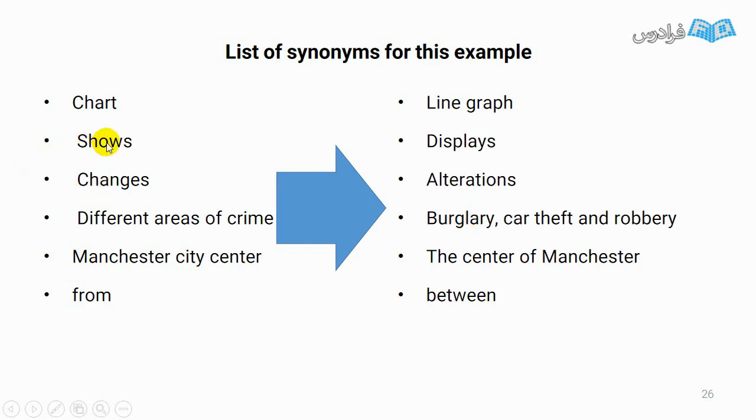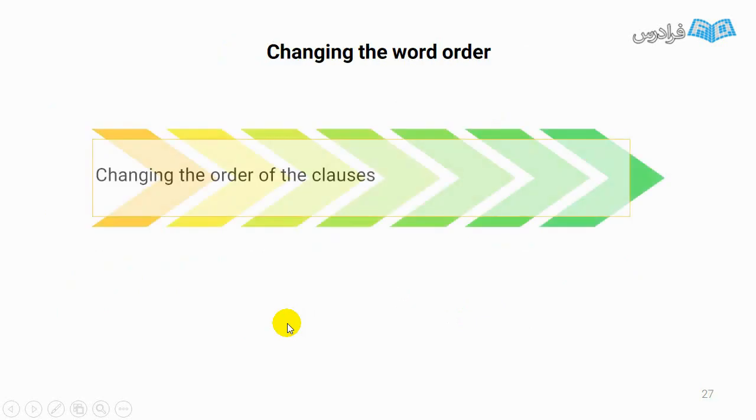You can see chart, line graph, shows, displays, changes, alterations, different areas of crime, burglary, car theft and robbery. I just chose these words from the graph. Manchester City Centre, I rewrite it using a phrase, the center of Manchester. This is really useful in writing time period: from, change to, between.